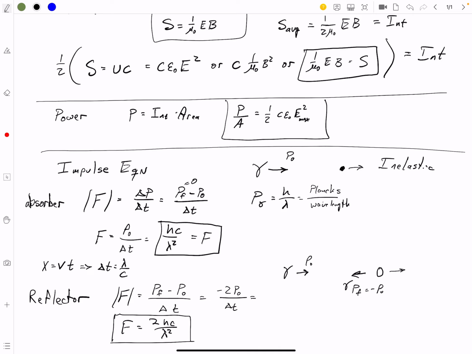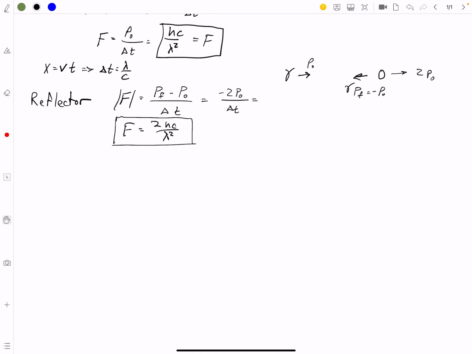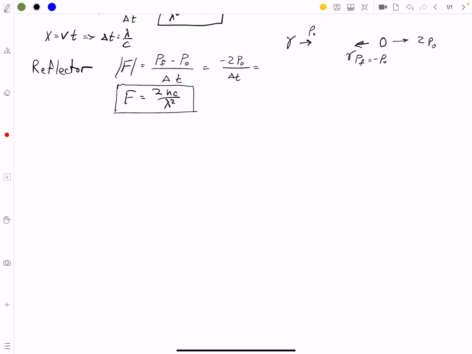Because of the conservation of momentum, the particle itself has to go screaming off with 2 times P naught. Which, since it's a massive object, isn't going to be a whole bunch anyway. Photons being massless, they don't impart a whole bunch of momentum. They do, though. There is some. It's an observable thing.